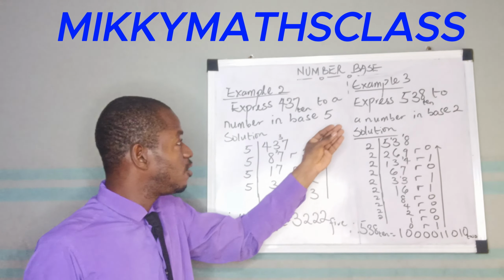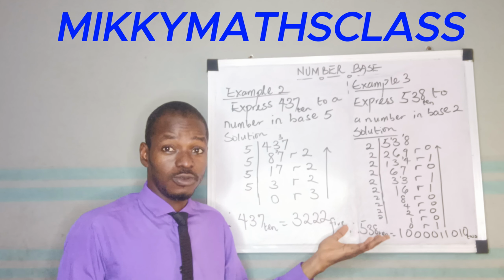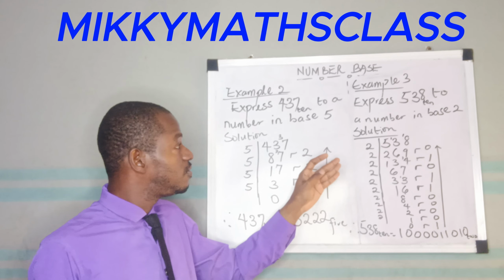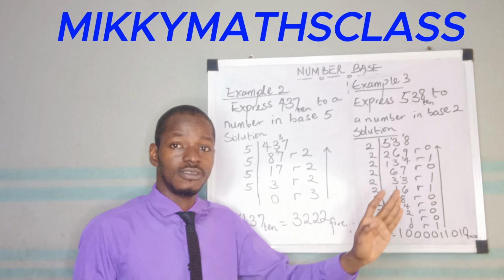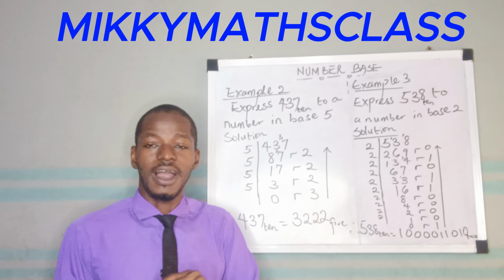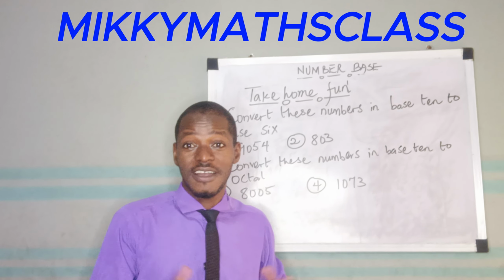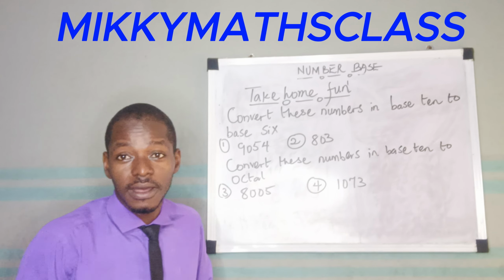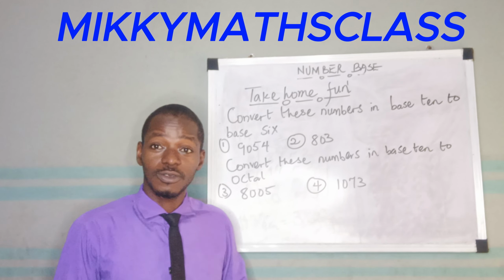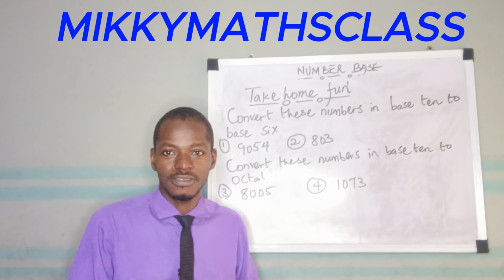So we have ended up expressing a number from base 10 to base 2. Don't forget, when you are going from base 10 to base 2 or any other base, you use successive division by the base you are heading to. All right, I hope we have learned today. If we are asked to convert from base 10 to any other base, we know what to do. Successive division.